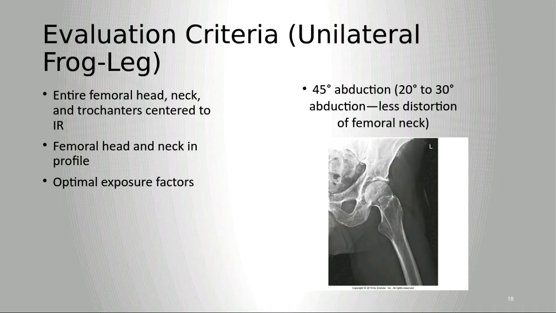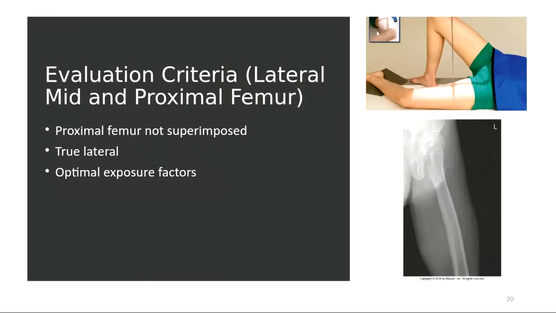Now, radiographically, this modified Cleaves, when we look at it, you want to make sure you see the entire femoral head, neck, and trochanters. The femoral head and neck should be in profile because it's a lateral. Then you want optimal exposure factors, and this was done for a 45 degrees from vertical abduction. Sorry, I went the wrong way.